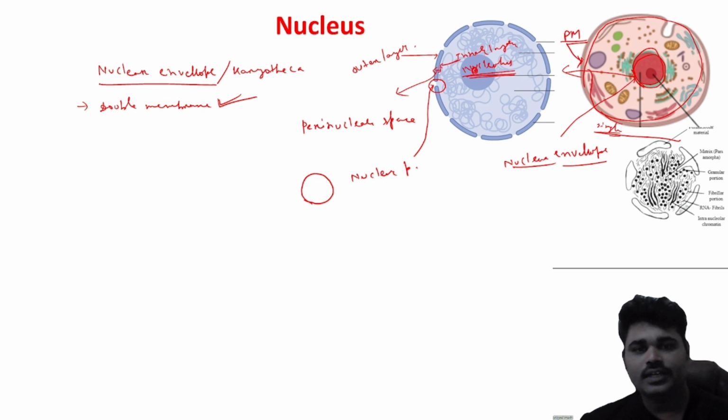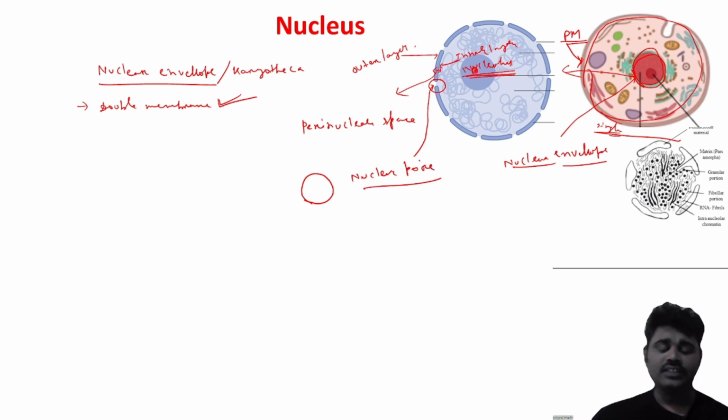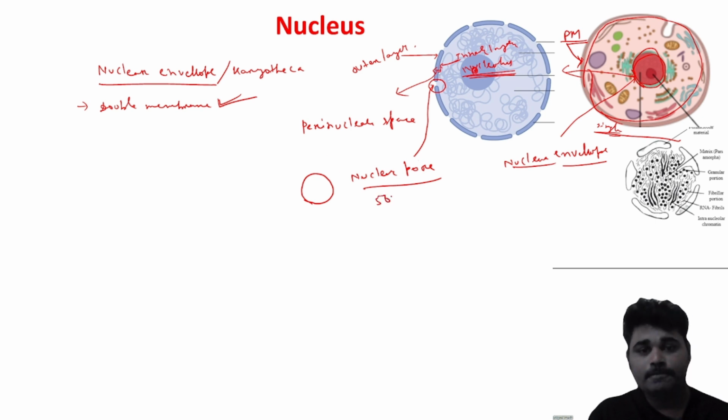The nuclear pore. If we ask what the exact size of the nuclear pore is, it is nearly 500 angstrom. What is an angstrom? 1 angstrom is equal to 10 to the power minus 10 meter.